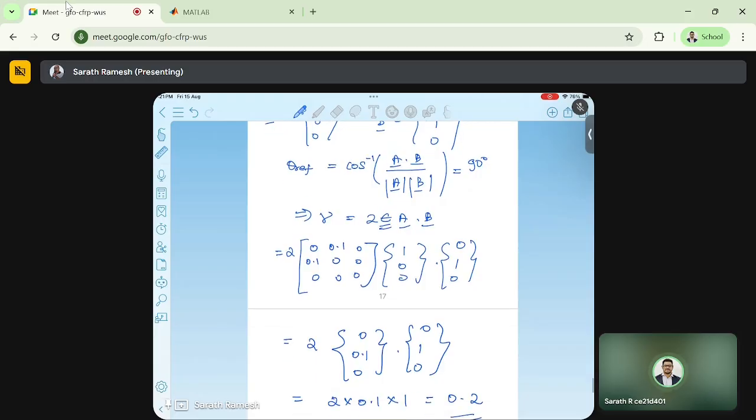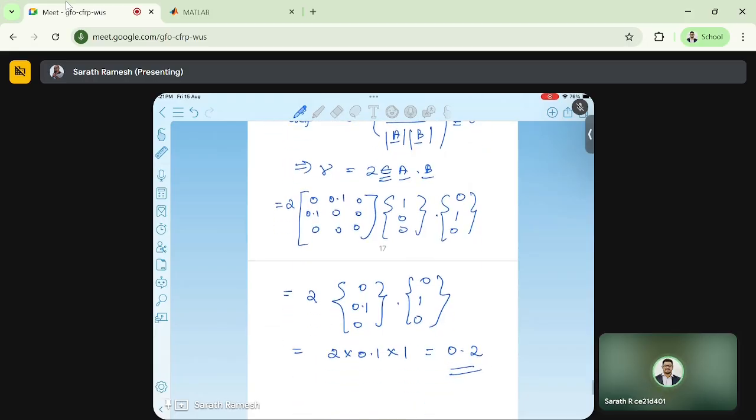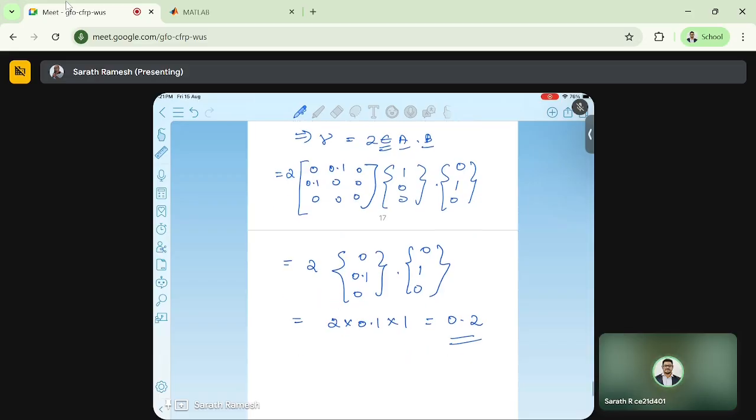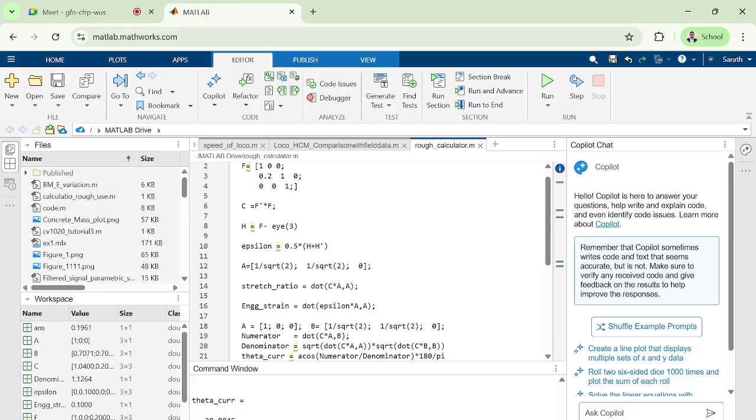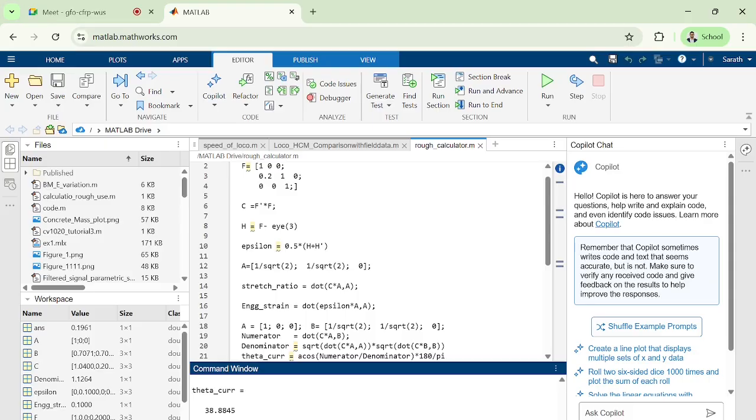How do we derive this formula? We derive this formula by assuming gamma to be small, right? So we didn't make any assumption to directly convert it into degrees. So it should be in radians. If you want to convert into degrees, again 0.2 into 180 by pi. This will give us 0.2 into 180 by pi. It's 11 point.